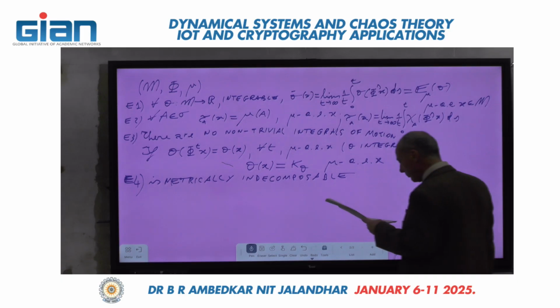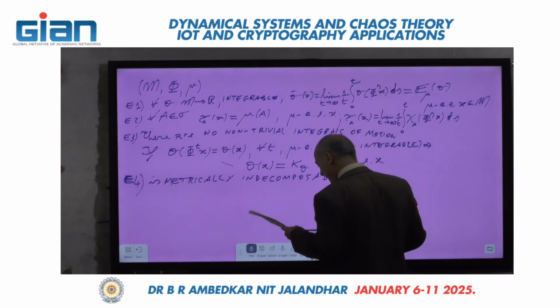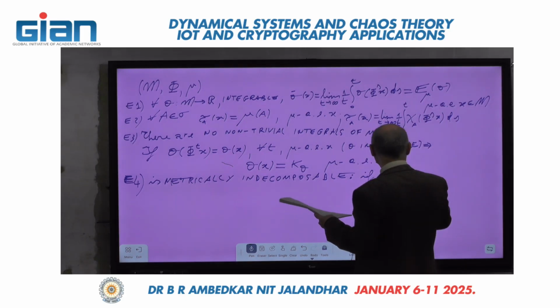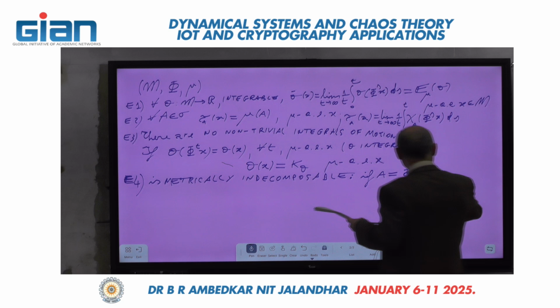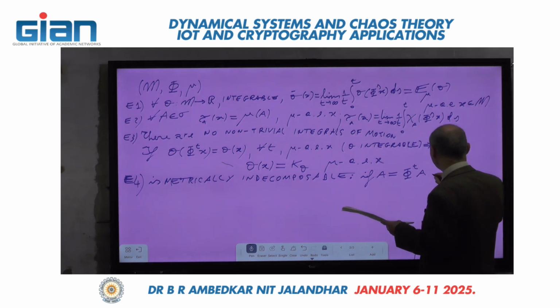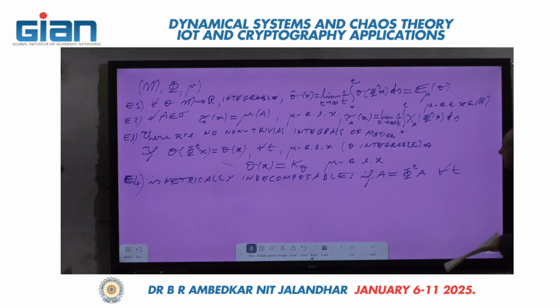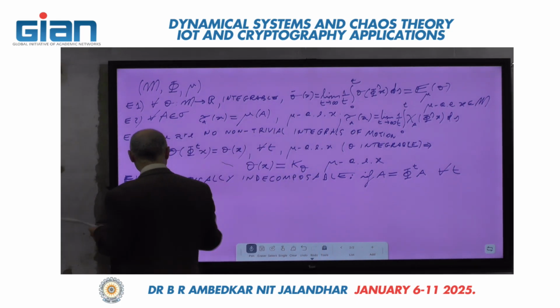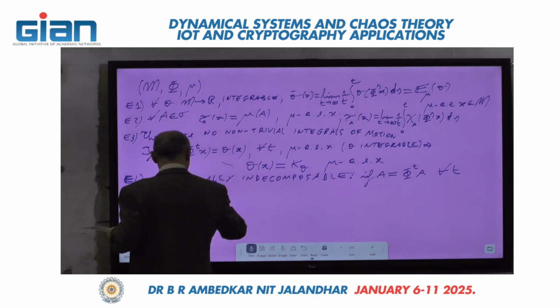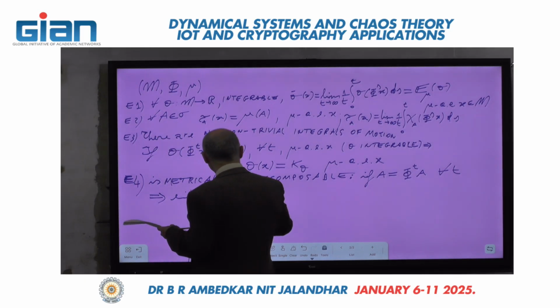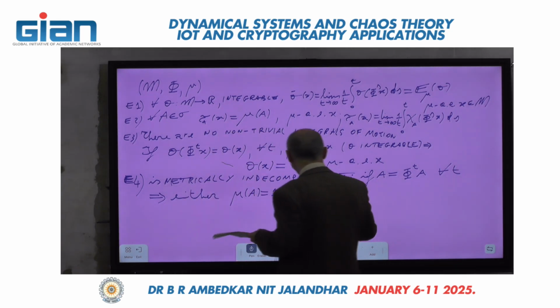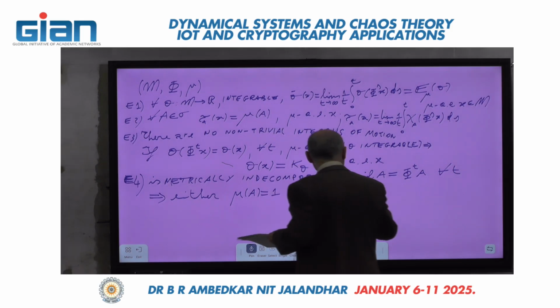Is metrically indecomposable, which means if A is an invariant set, A equals phi t A for all t, then either mu of A equals 1 or mu of A equals 0.